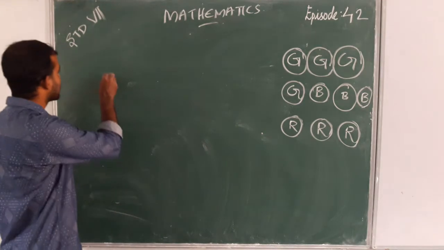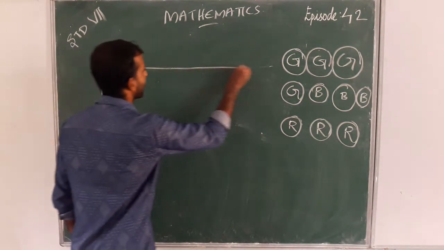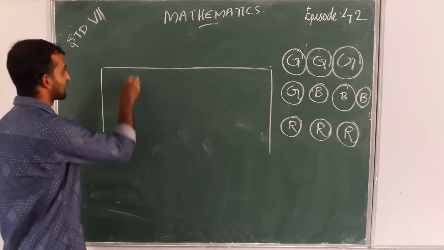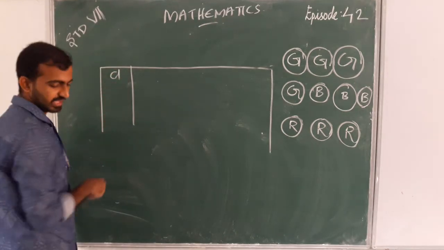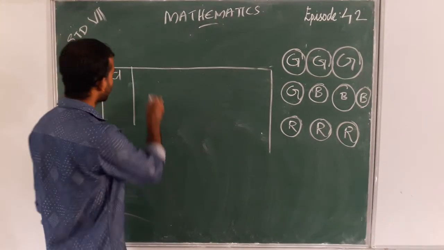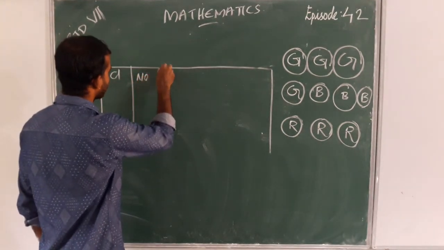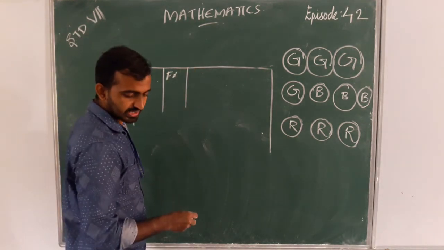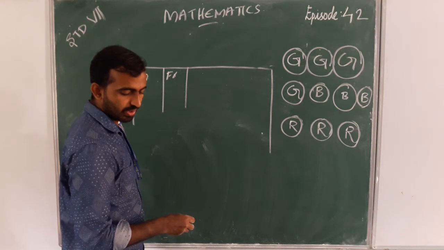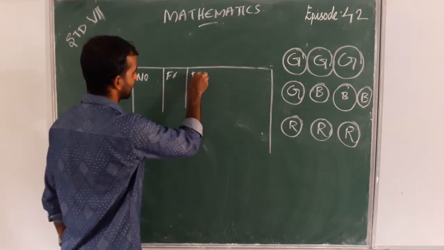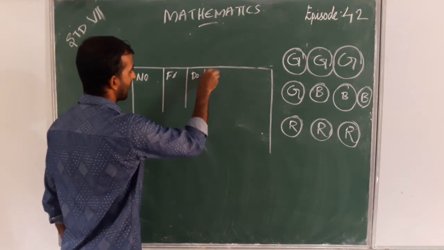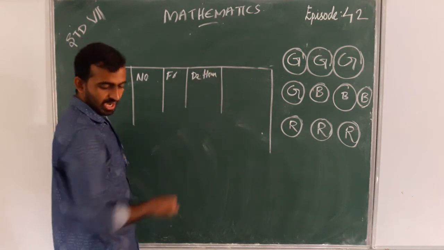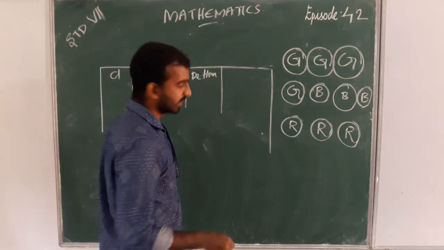The table has first the color, second the number, third the fraction, and fourth the denominator 100, and then the percentage.